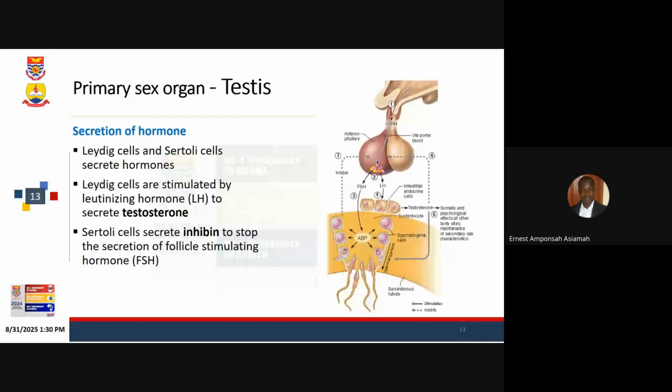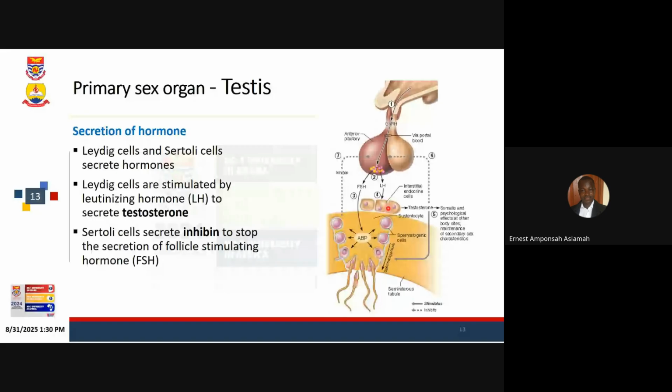So this is a cartoon to illustrate what I just said. From the brain, you have the anterior pituitary and the posterior pituitary. From the anterior pituitary comes out two hormones, FSH and LH. FSH will act on the Sertoli cells so that they undergo division and produce sperm.